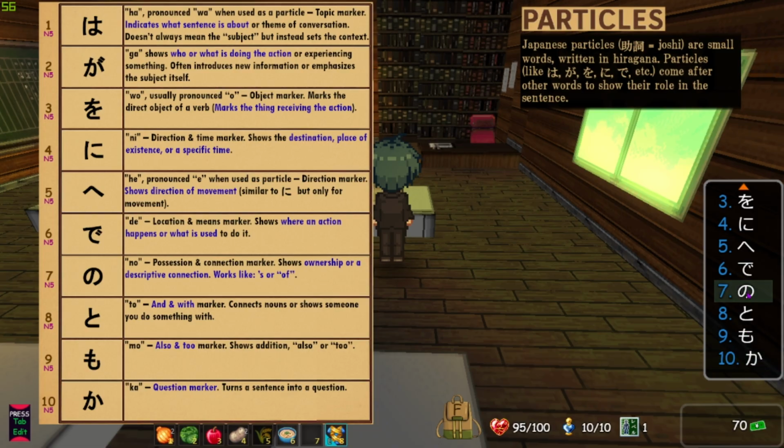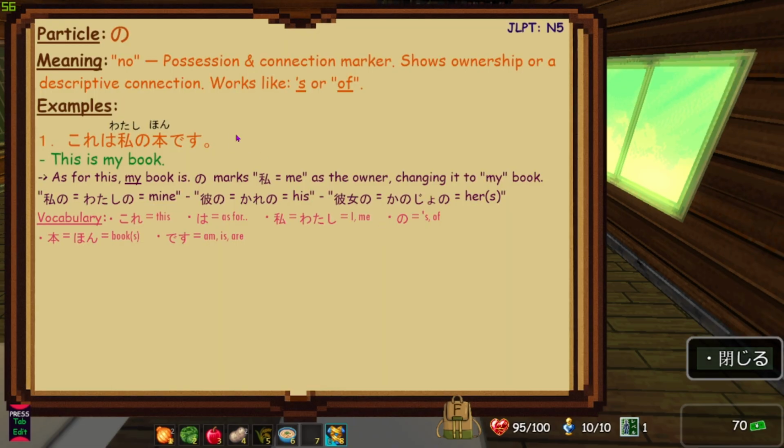Next we have no. No, possession and connection marker, shows ownership or a descriptive connection. Works like apostrophe s or of. The example is これは私の本です. So これ, this. これは, as for this, 私, me, 私の, mine. 本, book or books, です, is, are.